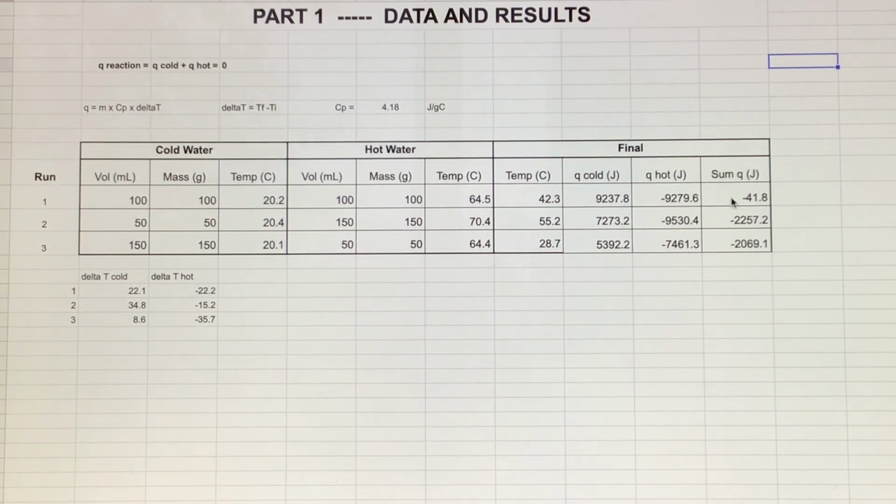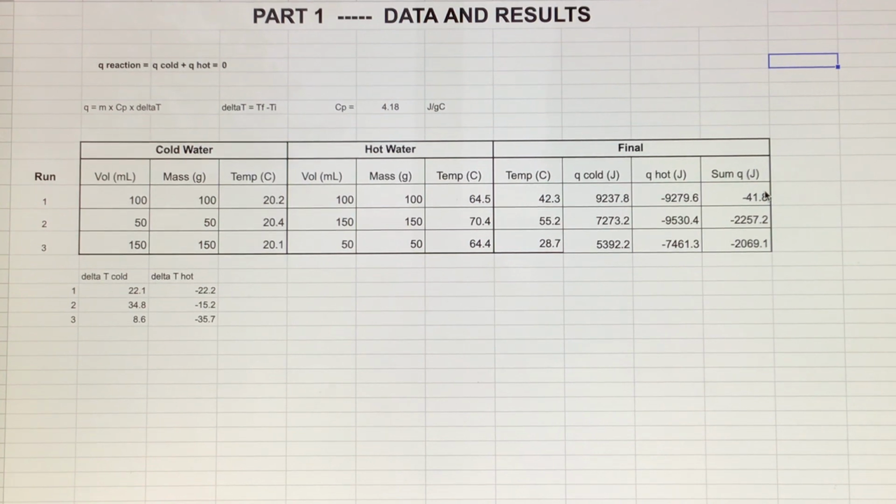And the sum between the two is minus 41.8 joules. So 41.8 joules is quite negligible. That could be some loss of heat due to the calorimeter not being exactly a closed system.